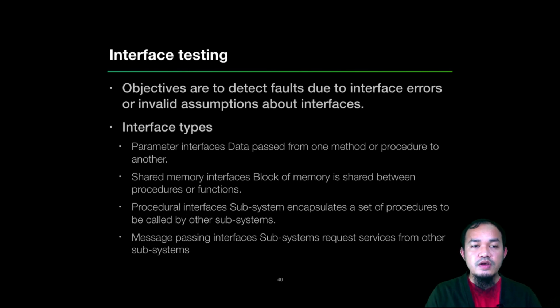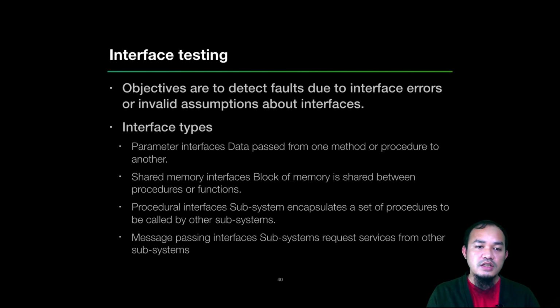Interface testing objectives are to detect faults due to interface errors or invalid assumptions about the interface. There are many interfaces. One component can have 10 or 20 interfaces. So we want to make sure the interface can serve the request or the caller without any fault or error.